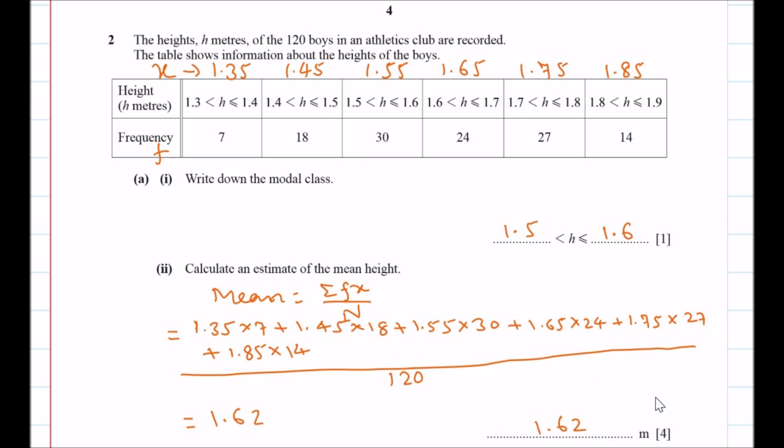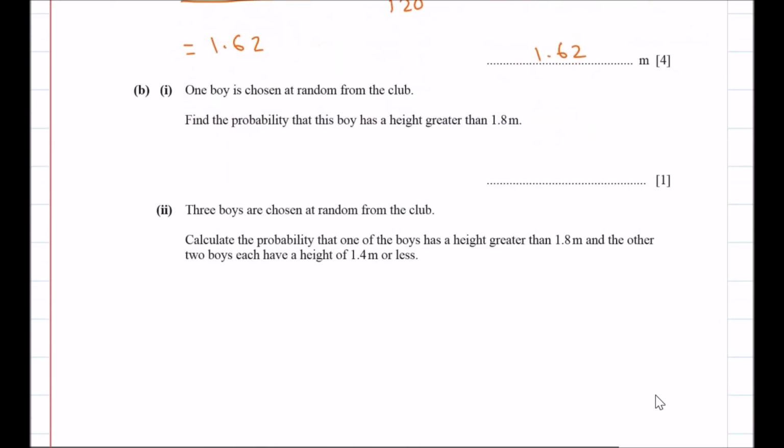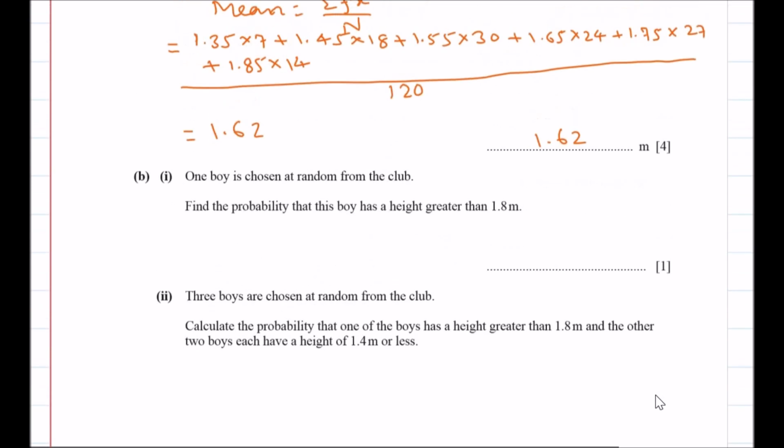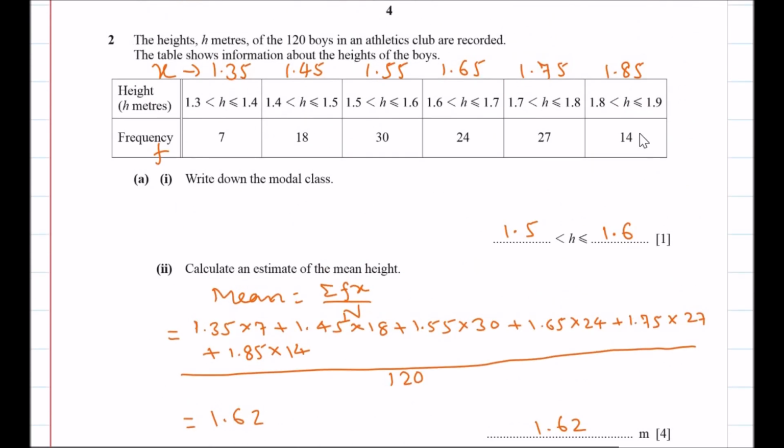Okay, let's go to the next part. Part B. It says one boy is chosen at random from the club. Find the probability that the boy has a height greater than 1.8 meter. What is the frequency? How many students are there? You can see here, there are 14 students, out of a total of 120.